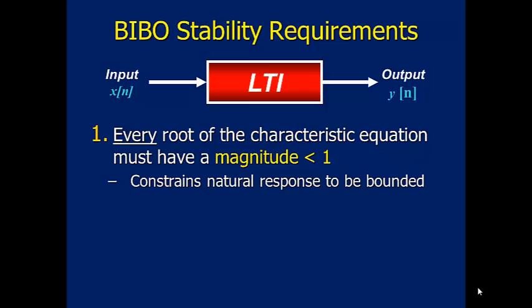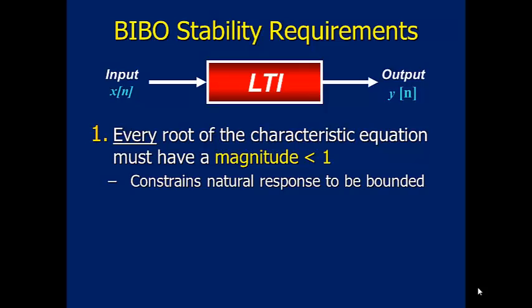And where's our natural response? There's our natural response. So remember, when we're creating a natural response, we take that root of the characteristic equation, and we raise it to the n power. Kind of makes sense that the thing I'm going to raise to a power better be a number less than 1.